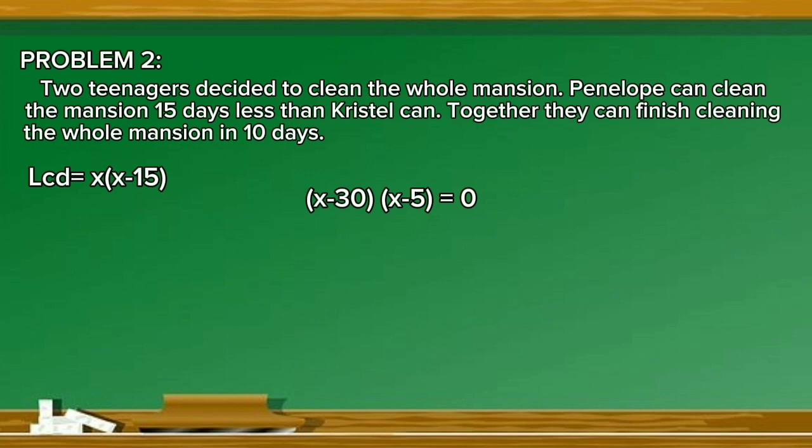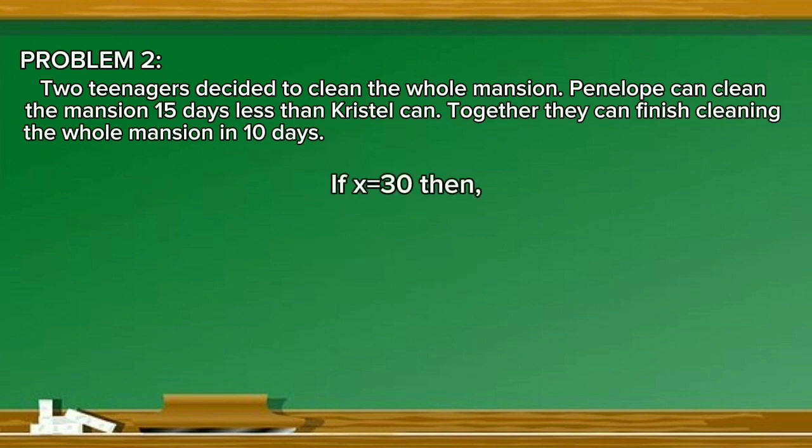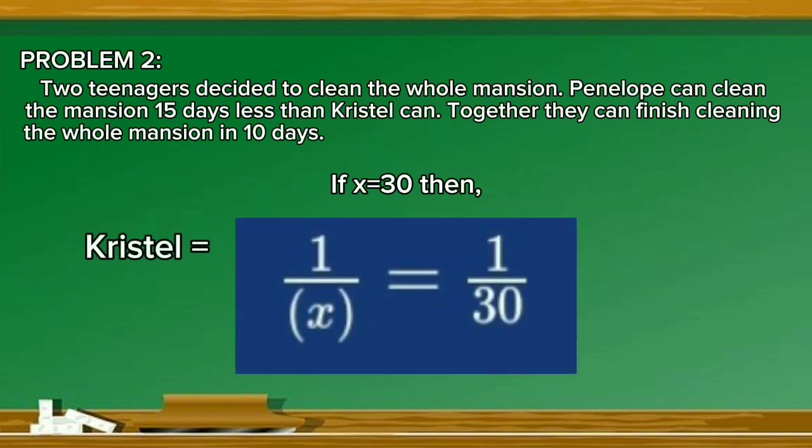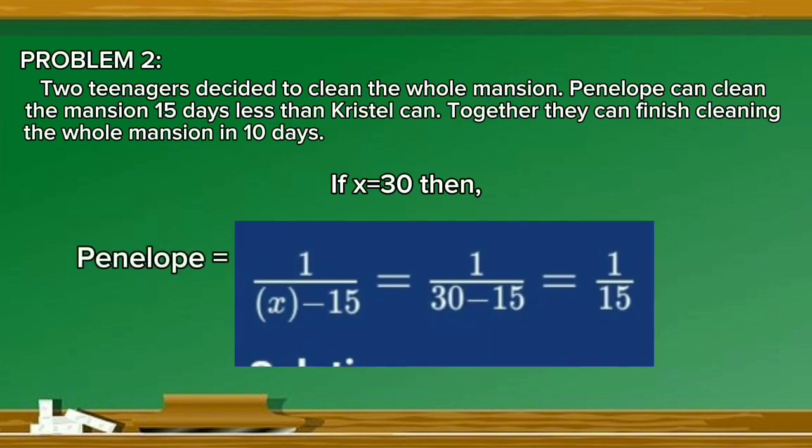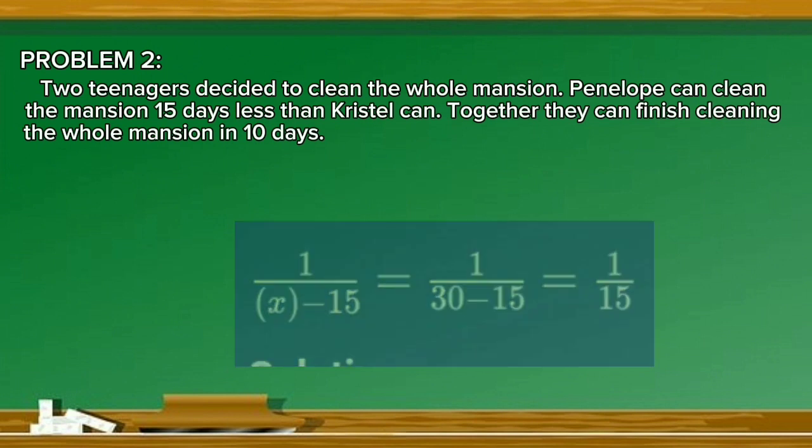Now, set each factor to 0. X minus 30 equals 0, x equals 30. X minus 5 equals 0, x equals 5. If we let the value of x equal 30, then Crystal equals 1 over x, 1 over 30. While Penelope, 1 over x minus 15, equals 1 over 30 minus 15, 1 over 15.